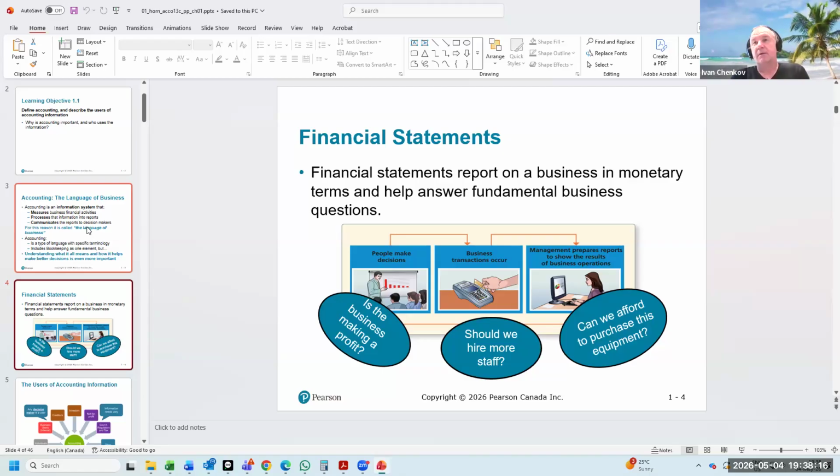What do you think? If somebody tells you, oh, this company is very profitable, makes $2 billion, then some other people tell you, oh, this company is not that profitable, they're making only $100,000.